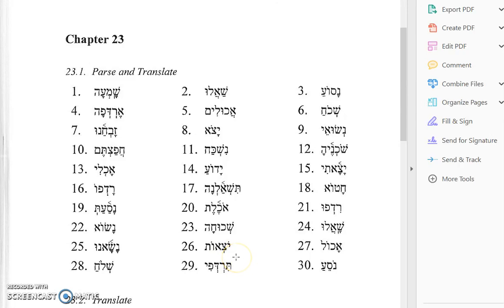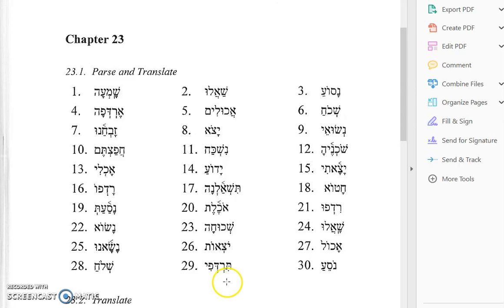Nosaot is a Qal active participle, feminine plural, women going forth, or feminine things going forth. And then akol is infinitive absolute, having to do with eating. Shaloach is infinitive construct from shalach, to send, sending or to send.